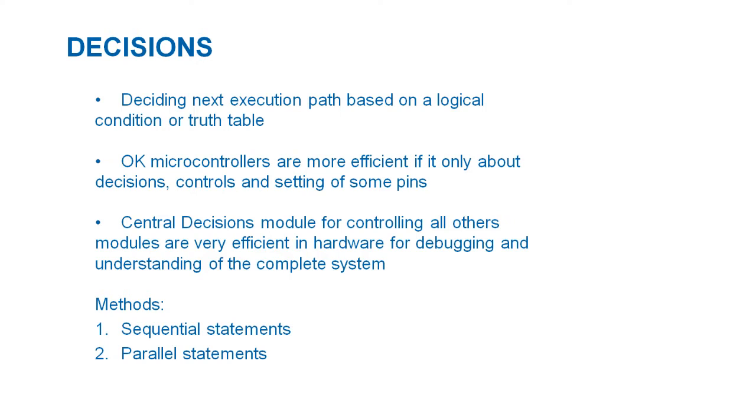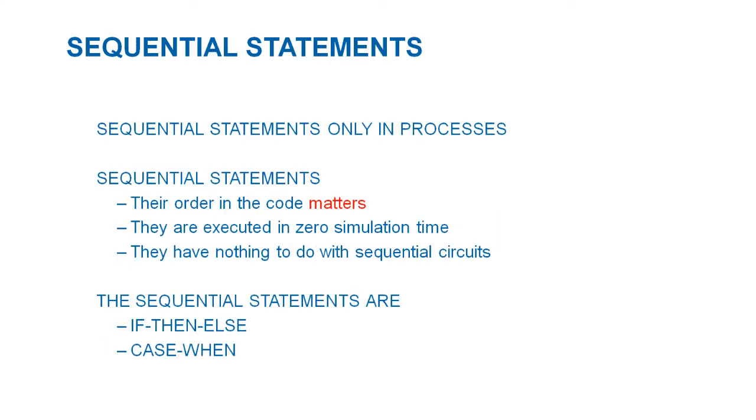So making decisions in VHDL can be done within processes, in sequential statements, or at the architecture level within parallel statements. Here is a construct where we can have more information about sequential statements, which are available in processes. The order in which the lines of code exist plays an important role. If a particular if statement or sequential statement comes before another one, then the first one will be executed before the next step.